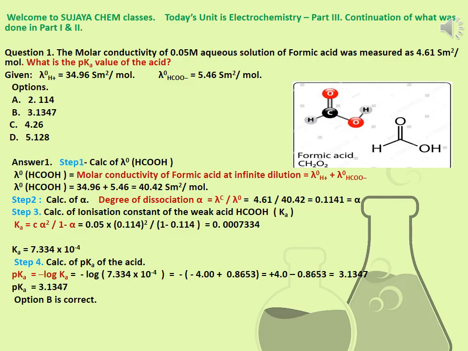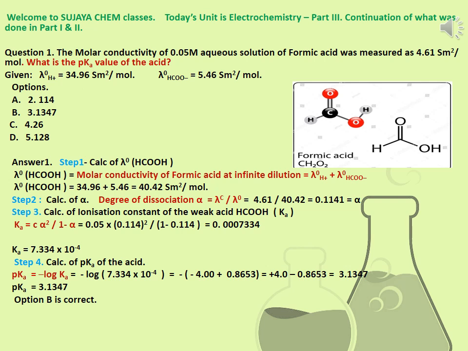Step 3. Using this alpha value, we need to calculate the ionization constant Ka of the weak acid, which is formic acid. We know the formula. Ka, the ionization constant of a weak acid, is C alpha square divided by 1 minus alpha. Substituting the value of C as 0.05 as given in the problem, into alpha square, 0.1141. The last decimal digit I have neglected.